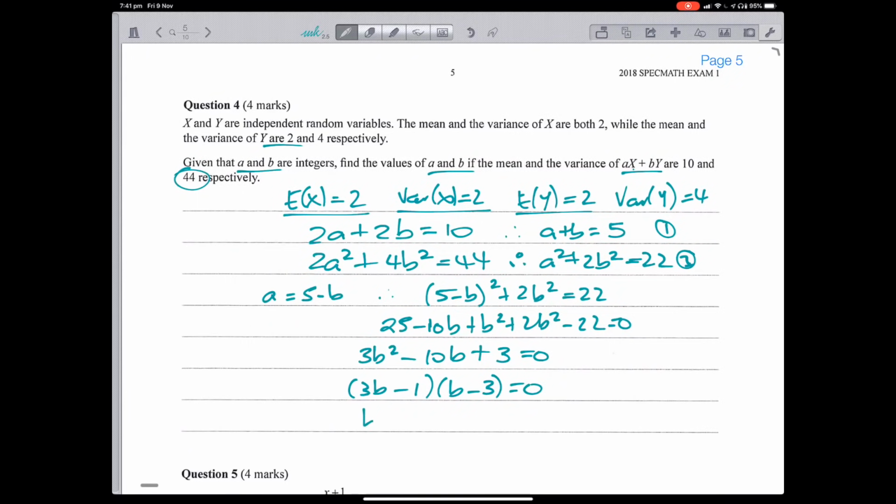That's going to give us minus 10, so b equals 1/3, or b is equal to 3. However, a and b are integers. So a, b element of Z, therefore b is equal to 3, and a must be equal to 2.